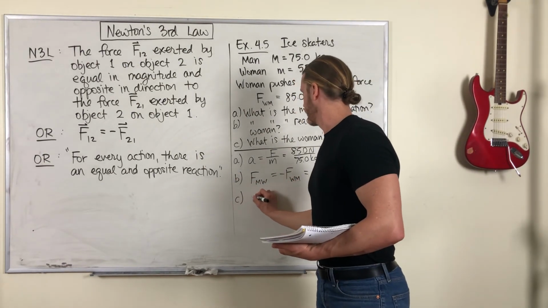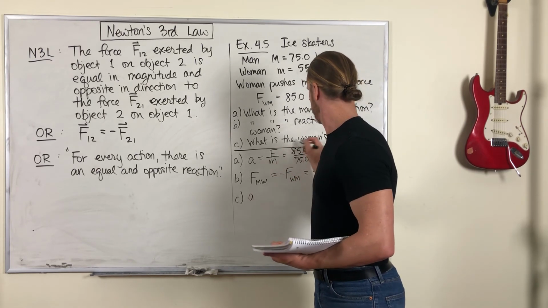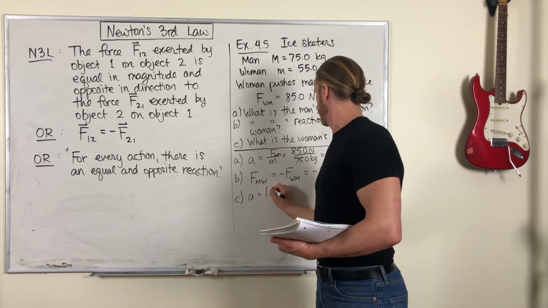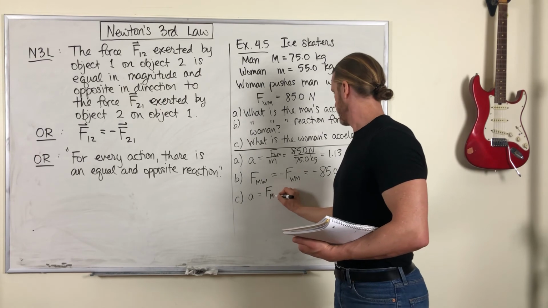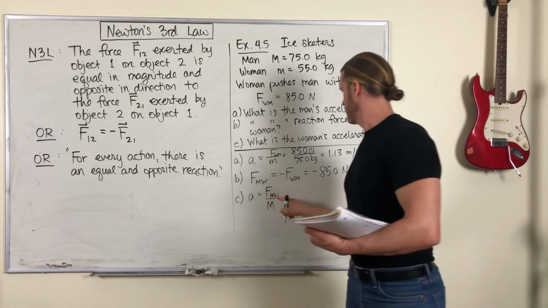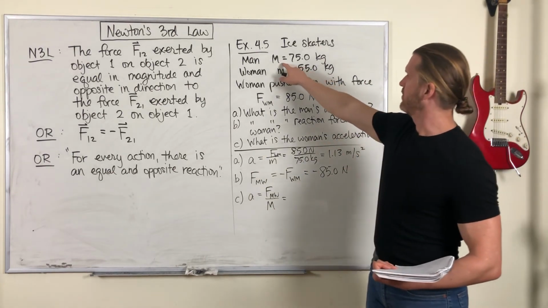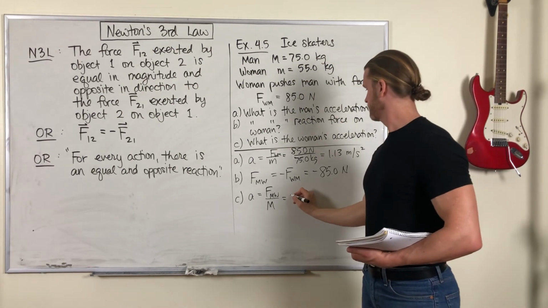So what is the woman's acceleration? It is the force that she experiences divided by her mass. Notice I use capital M for the man and lowercase m for the woman.